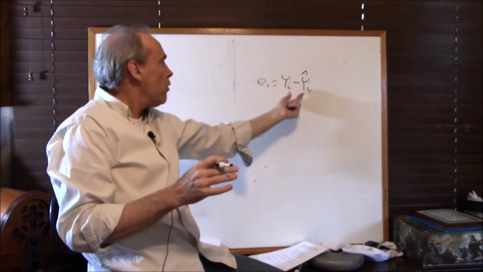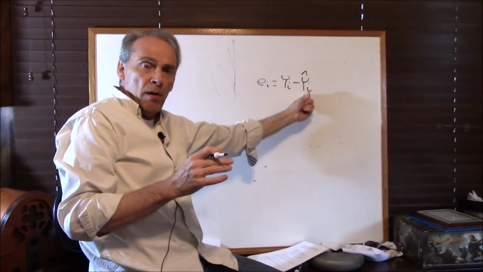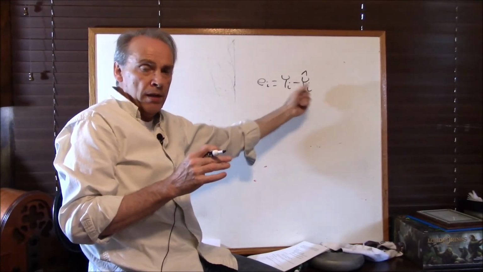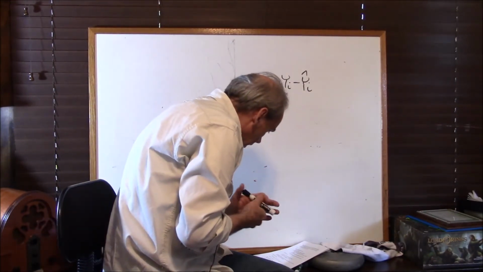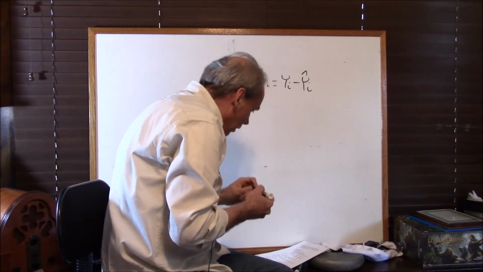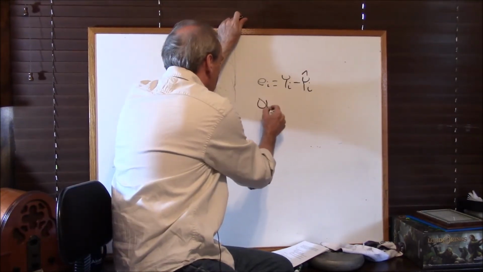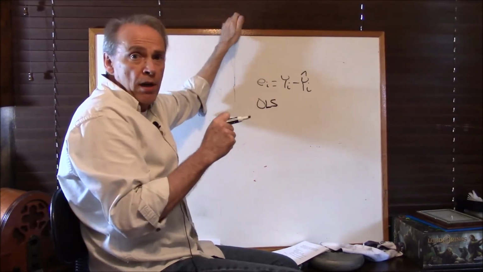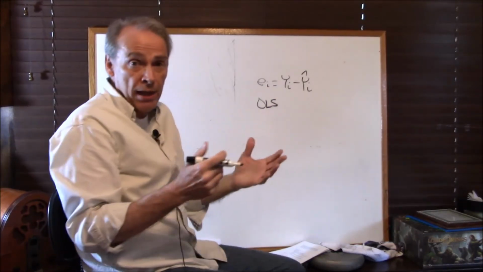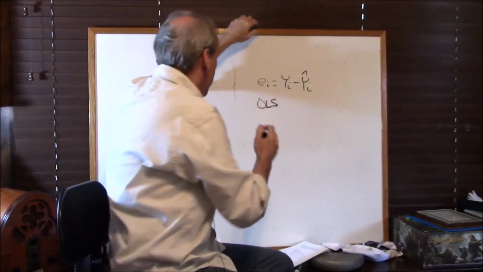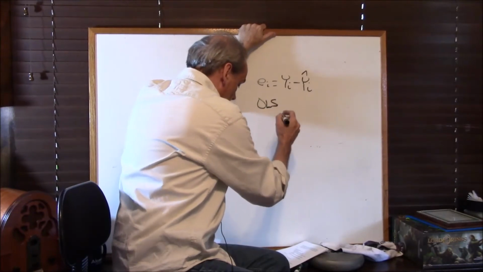So there's a difference between the point and the line. And ordinary least squares, OLS, that's what we're going to be doing. That's what we call this technique of minimizing the sum of the squared residuals.